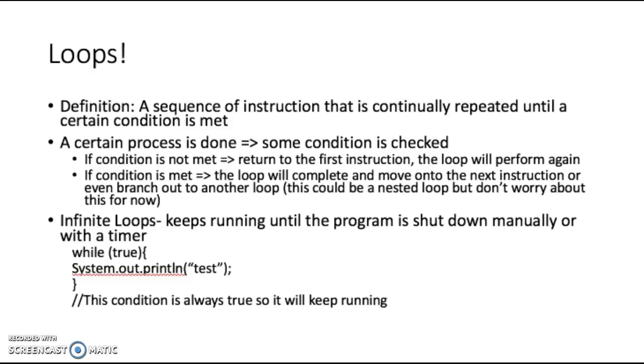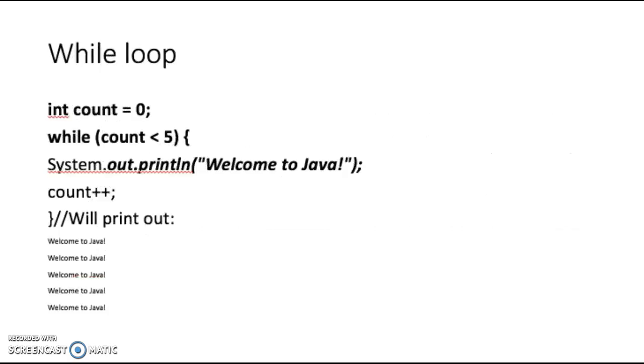The two different types of loops that are mostly focused on in this question are while loops, and here's an example of a while loop. This says that the integer count starts at 0, and while count is less than 5, we will print out the statement "Welcome to Java," and then count will increase by 1, meaning that the 0 will turn into a 1 after the first time.